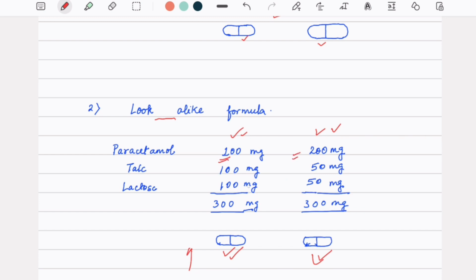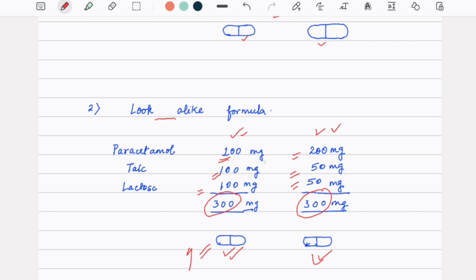But here is a drastic change in the excipients which have been used. In talc, in the first strength it is 100 mg and in the second strength it is 50 mg. Similarly, lactose is 100 mg and 50 mg. Now it is a look-alike formula, so the tablet weight is almost similar, and visually you can see they are very similar in shape and size. That's why we call it a look-alike formula.